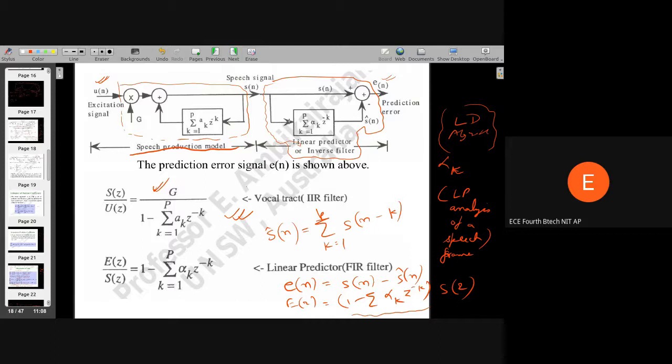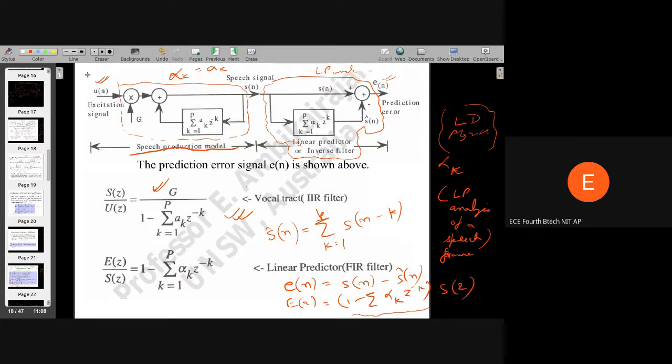If the LP analysis is correct, that means your alpha k becomes equal to your a k, then whatever error signal you are getting will be exactly equal to your excitation signal. Then it's like a verification of the source filter theory.